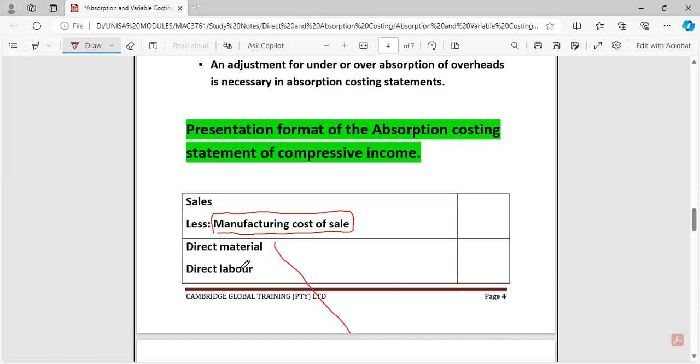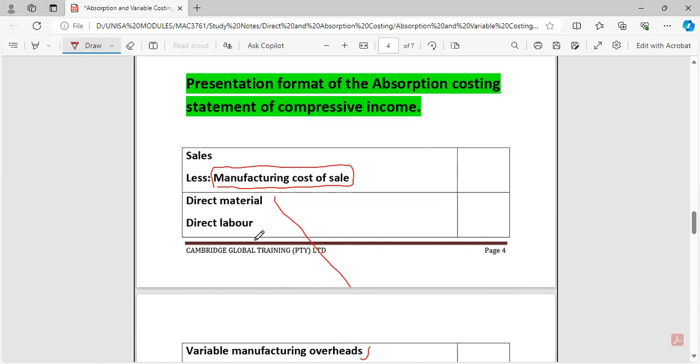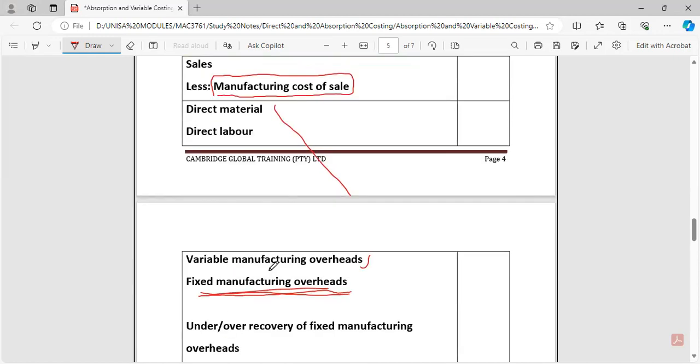So you will be looking for this in the scenario, because already you have your structure. Where is the direct material? Where is the direct labor? Where are the variable costs? If you don't know that you are going to use these, then it's going to be a problem for you to build that answer. So the format is very, very important for you to understand.